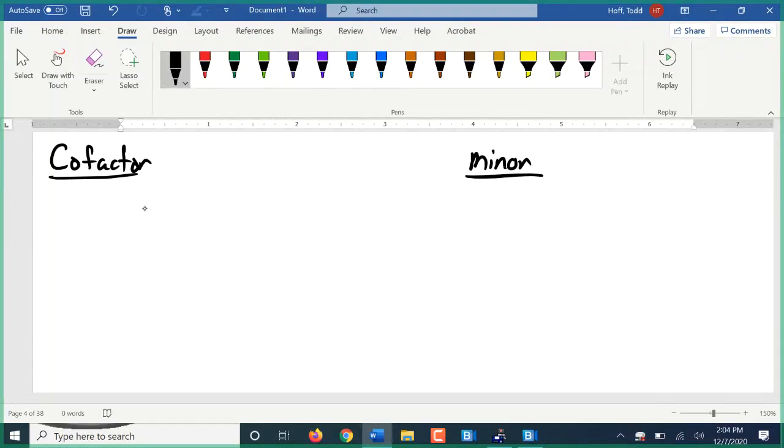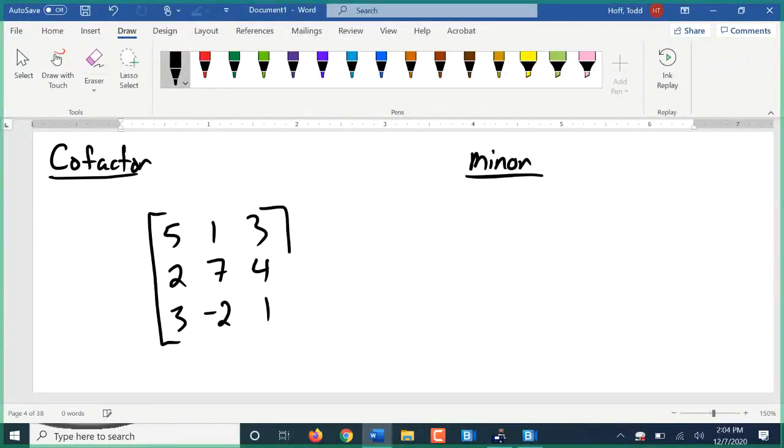So if I look at a matrix like 5, 1, 3, 2, 7, 4, 3, negative 2, 1. It's a 3 by 3 matrix. And really, the cofactor and minor only have meaning in a square matrix. They're defined in other matrices, but it really is only helpful in a square matrix.